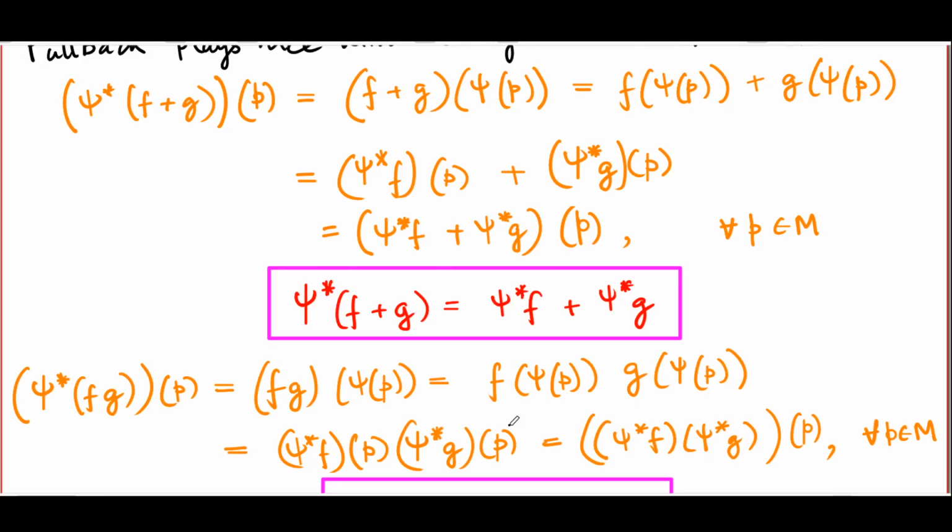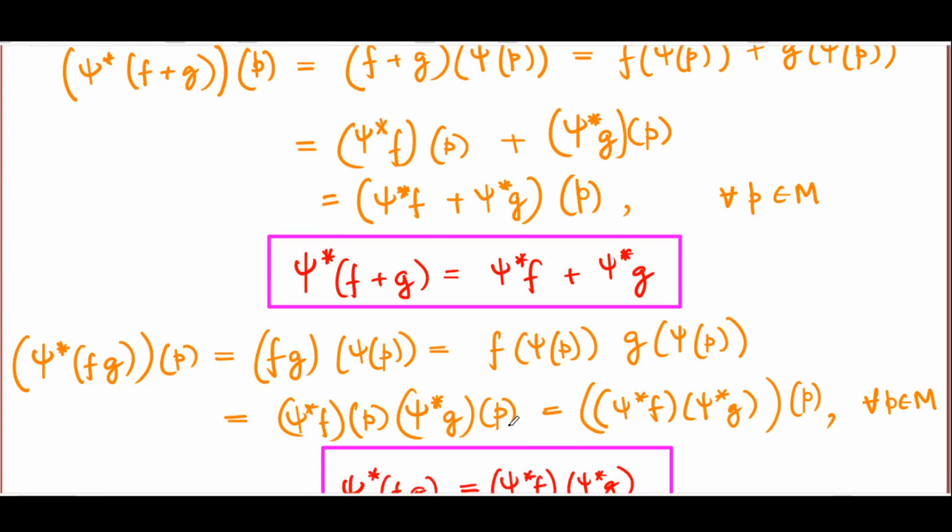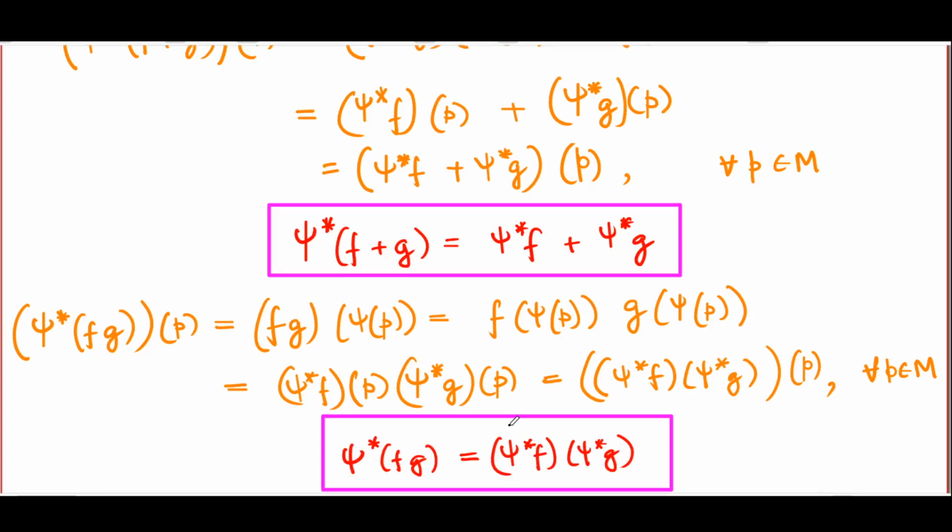And once again, according to the definition of product of functions, but used in the other way, the product function psi star f times psi star g acting on p will give you the same thing. And once again, this works for all points p of the manifold M, and therefore is a result about the functions themselves. So psi star acting on fg is psi star f times psi star g.